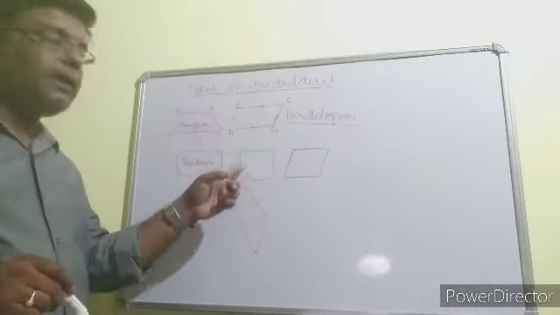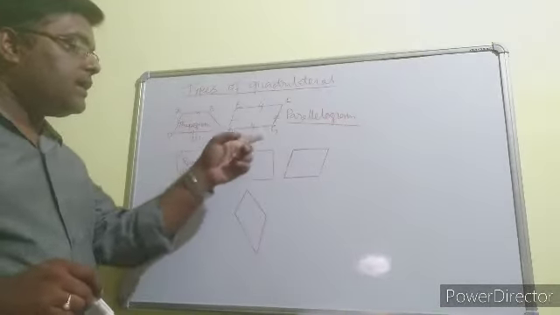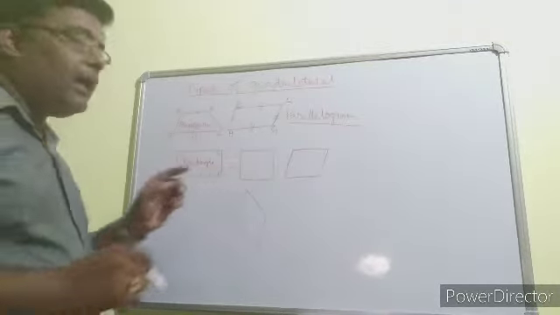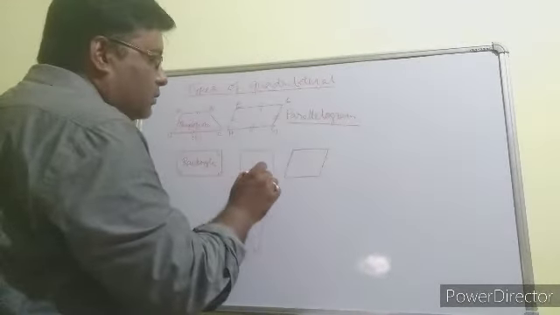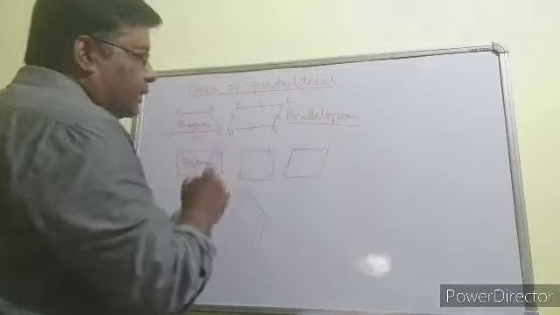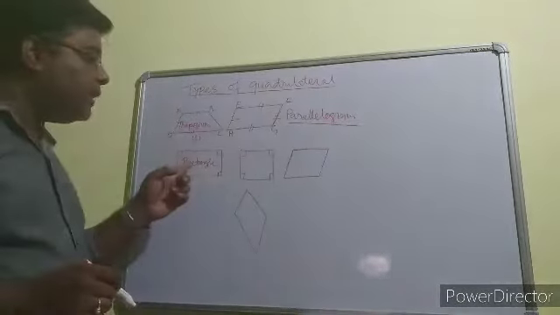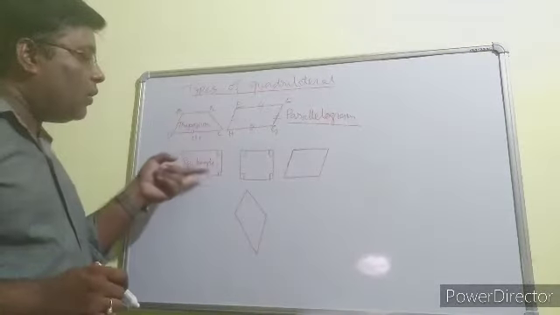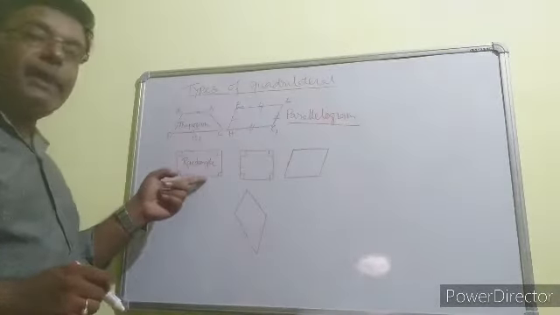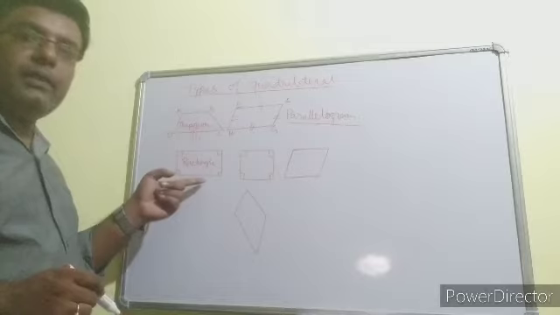Here it's a rectangle, that is its opposite sides are parallel, and angles are also 90 degree. That is, in a rectangle, opposite pairs of sides are equal and parallel.